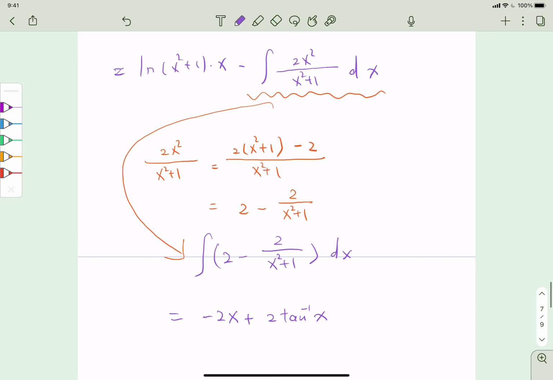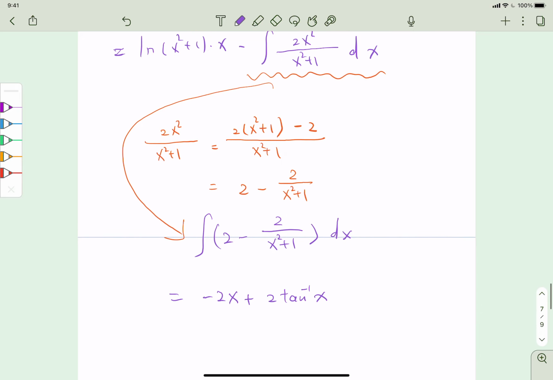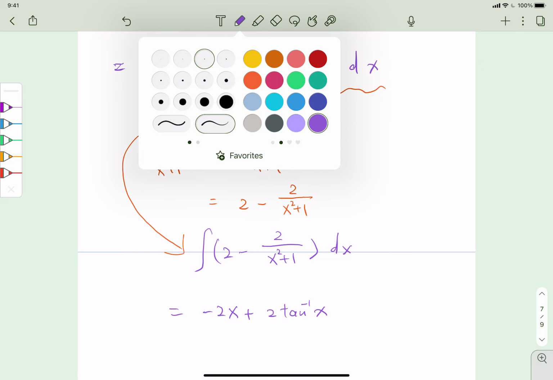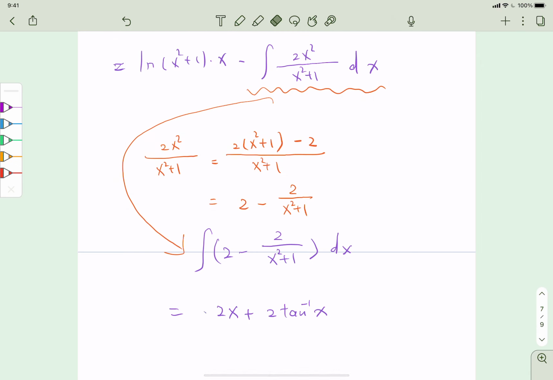Okay, that is in your formula sheet. Oh, I messed up the sign. This one should be positive, this one should be negative.